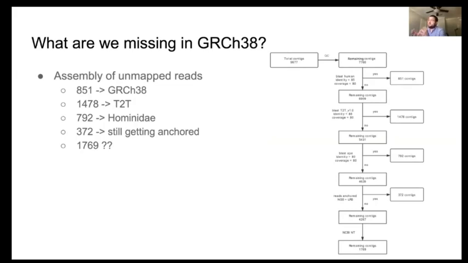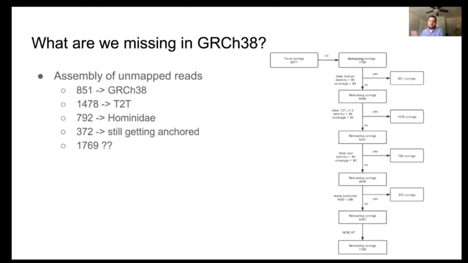So to do that, we took all the reads that were initially unmapped by NGMLR and tried to assemble them. After the assembly, we could stratify these contigs. 851 of these contigs mapped back to GRCh38.